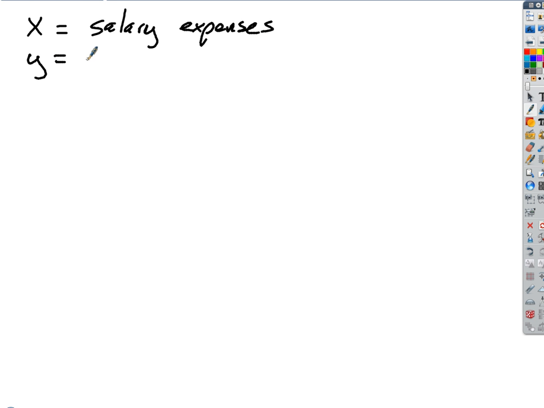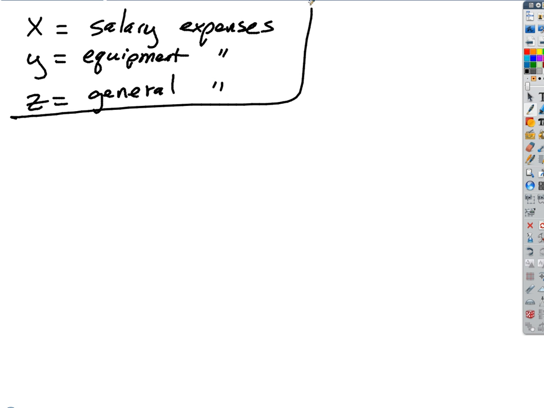Equipment maintenance. And z is general expenses. Is that what it was? Yeah. So those are our variables, right?